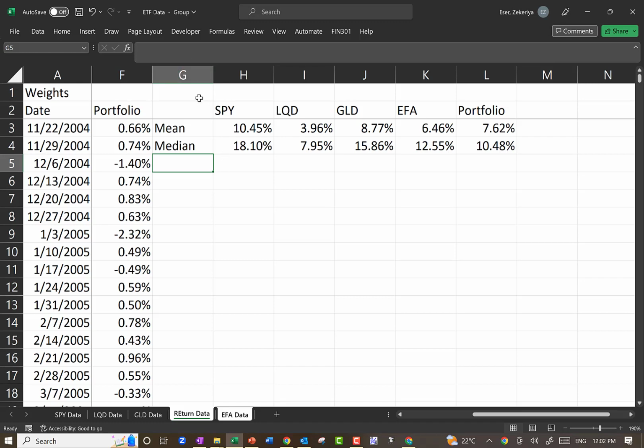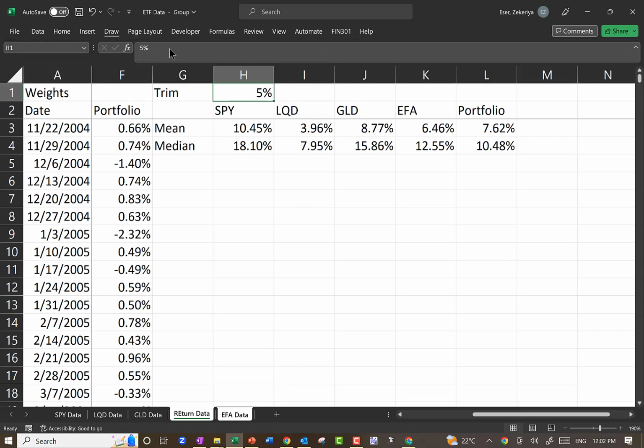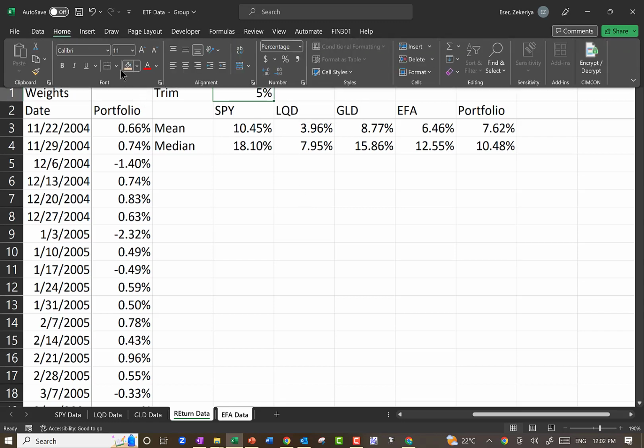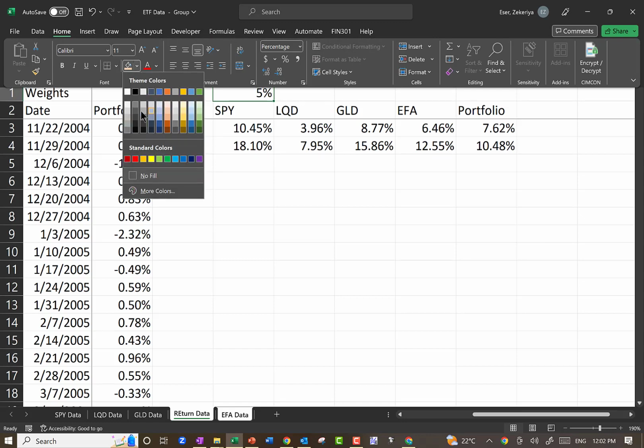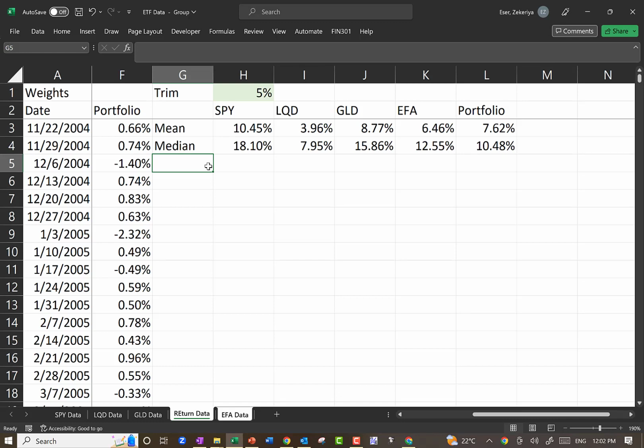There is, let me put a number here as an input. There is another measure that kind of acts like a trade-off or a compromise between mean and median.